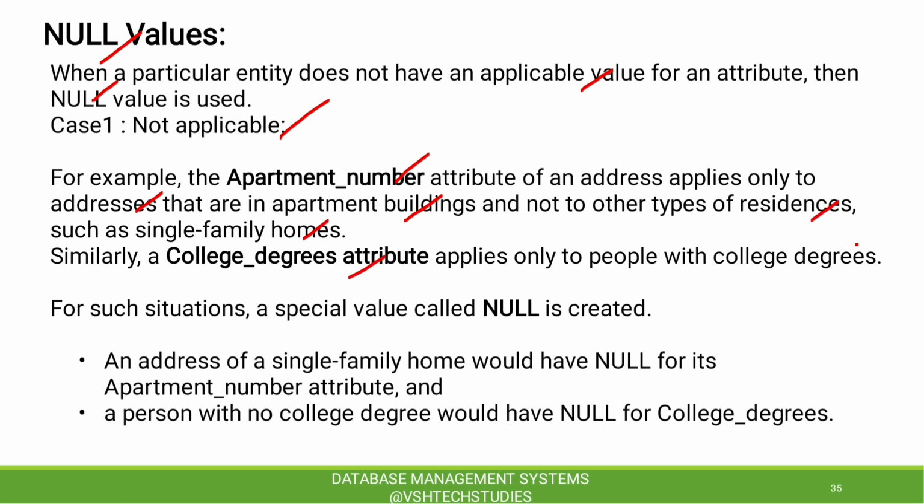Similarly, college degree attribute applies only to people with college degrees. For such situations, a special value called null is created. An address of a single family home would have null for its apartment number attribute. A person with no college degree would have null for college degrees.